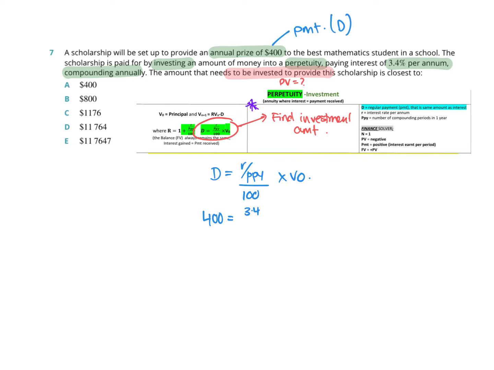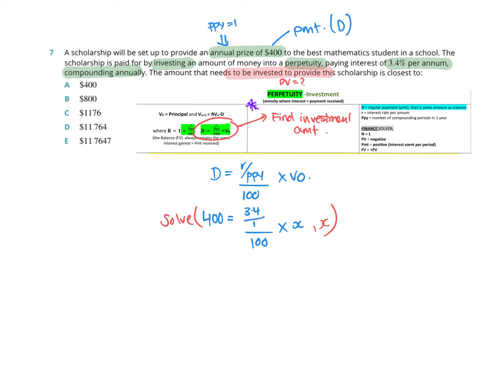Now because it's an annual award, so PPY equals 1, it would be 3.4 over 1 over 100 times the VO, which we're just going to pop in as X again, and we'll do our solve, comma X, and let's see what we get.